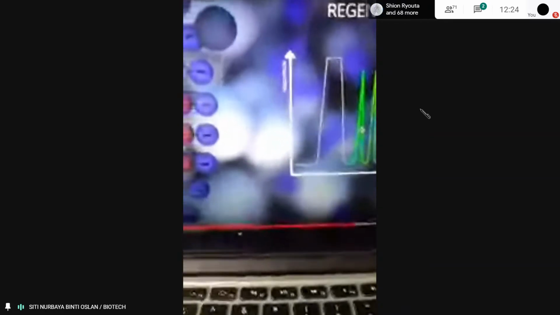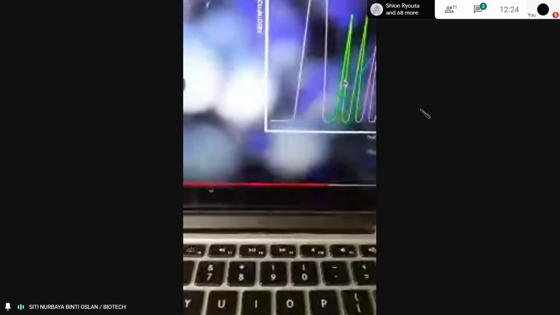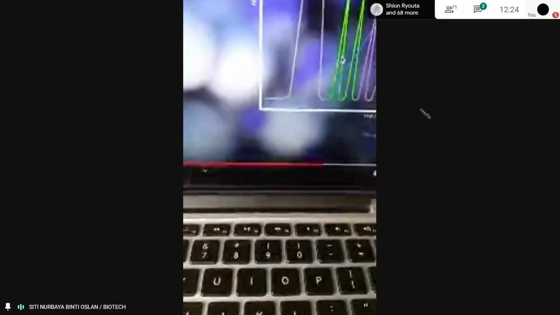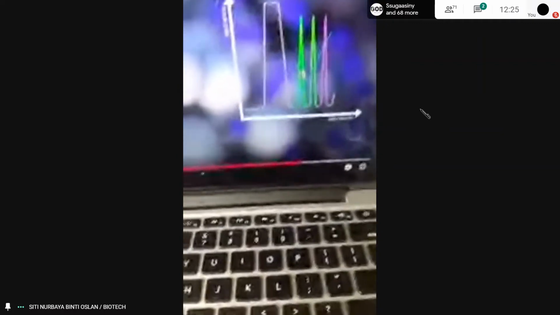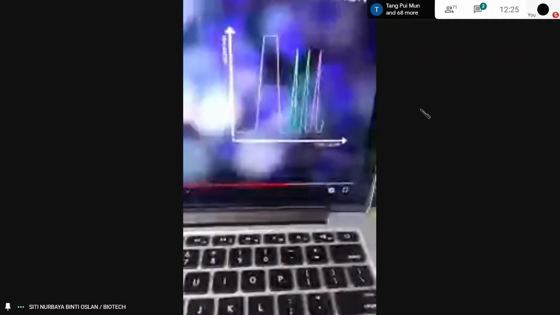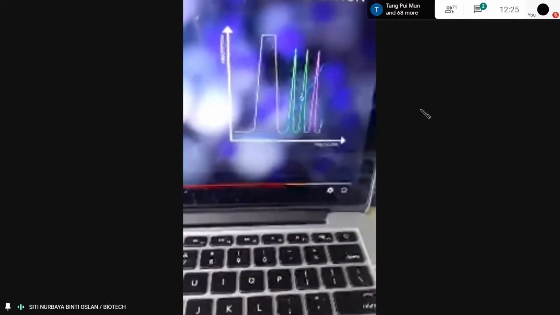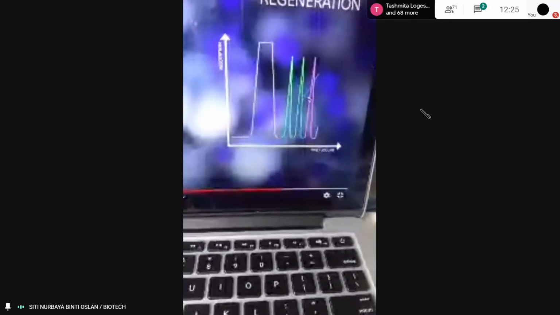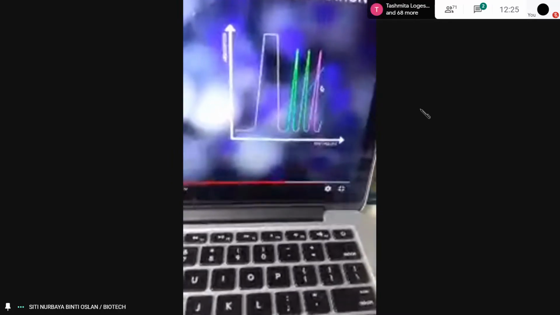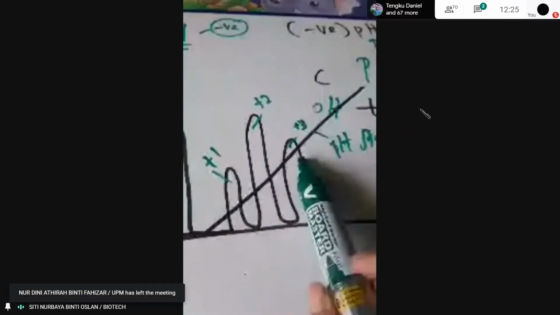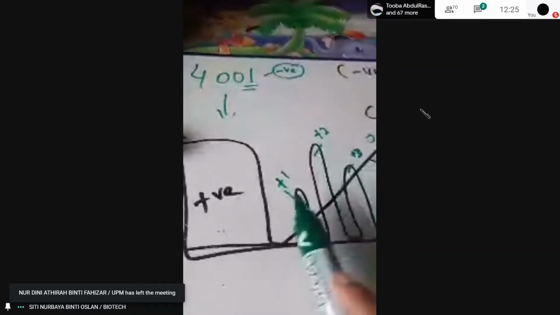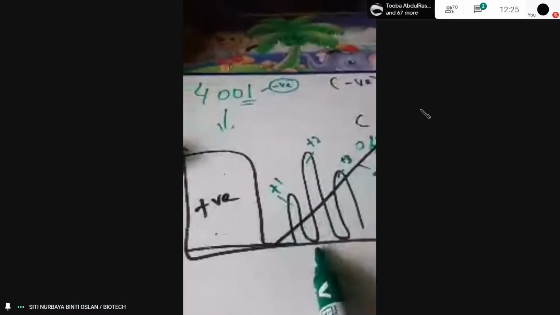It is also negatively charged, but the strength of that negativity is lesser than these two. So like here, positive one, positive two, positive three. It's the similar principle.